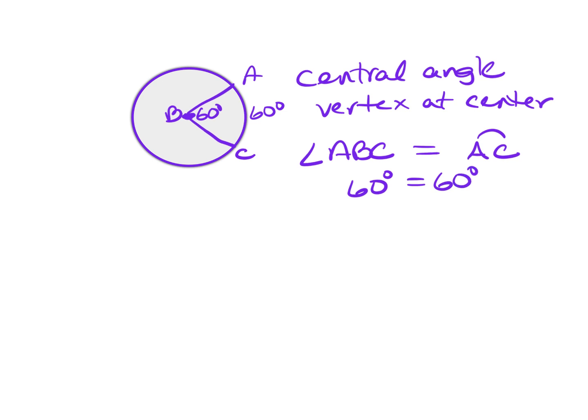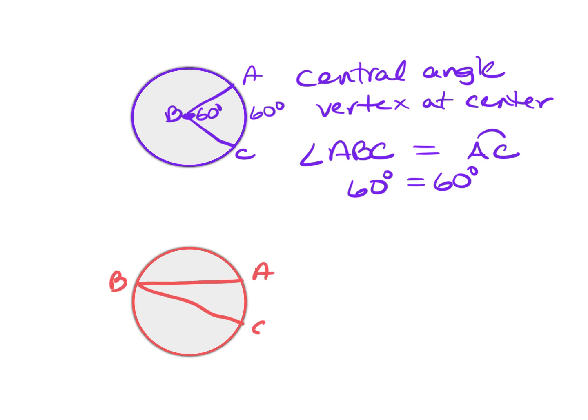The next type of angle we saw was an inscribed angle. And that's when its vertex is on the side of the circle and it's formed by 2 chords. Let's say it's A, B, C here. This is an example of an inscribed angle.